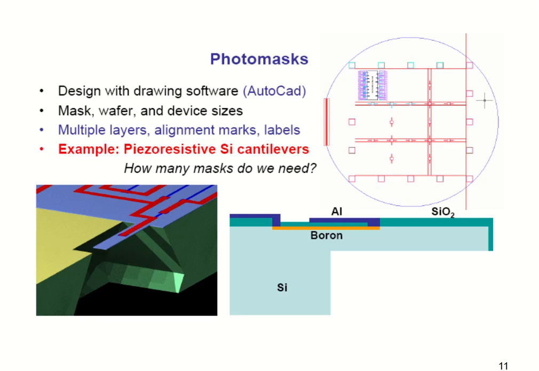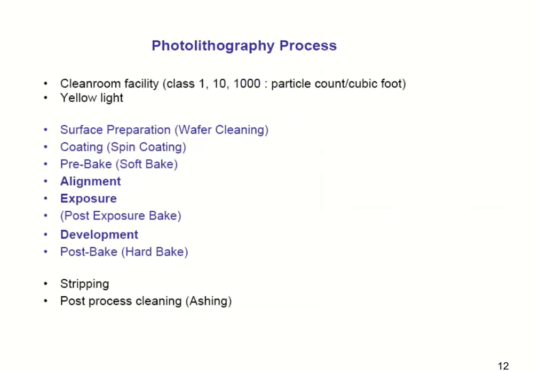Okay, all right. And then the photolithography process should be done in a very clean environment, right? It should also block any light, because your photoresist is sensitive to the light, right?